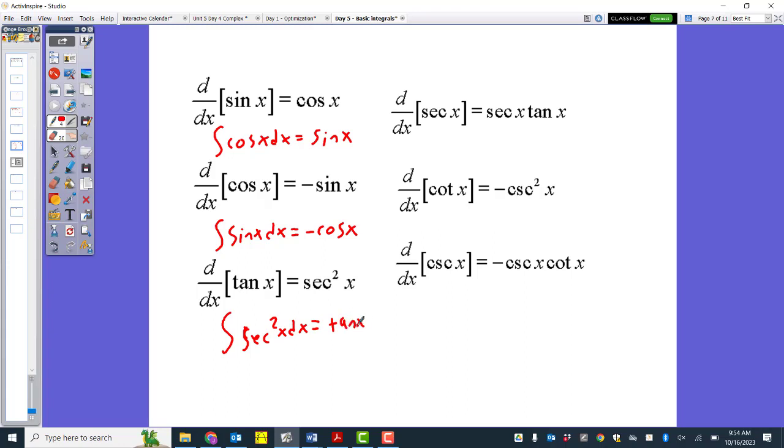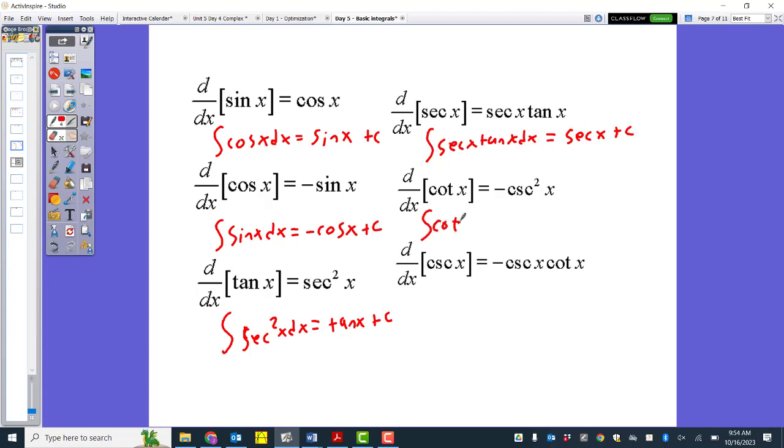Now, all of these are still indefinite integrals, so we should still have a plus c at the end of all of them. And then same for over here. So we could do integral of secant x tangent x dx is equal to secant x plus c.